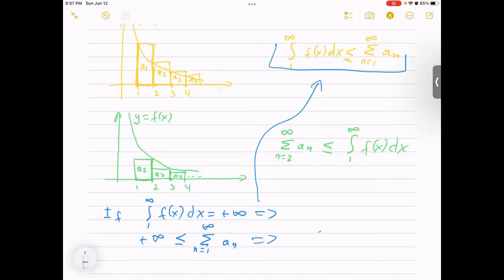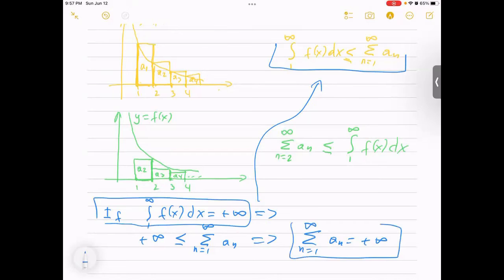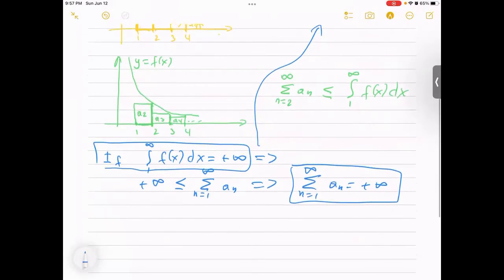So we conclude that our series will be equal to plus infinity. So if the integral equals plus infinity, then the series equals plus infinity.